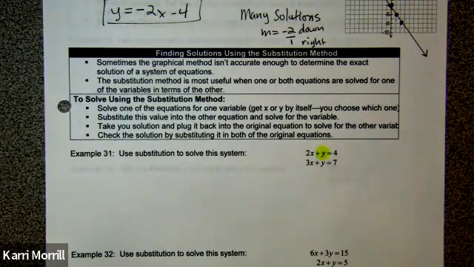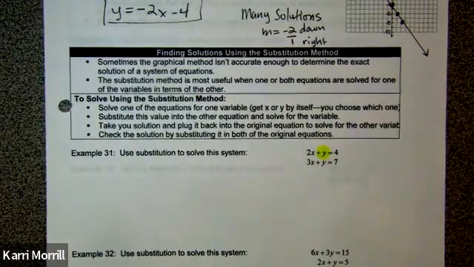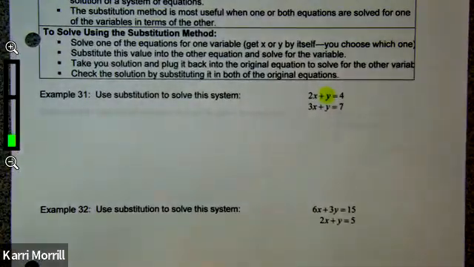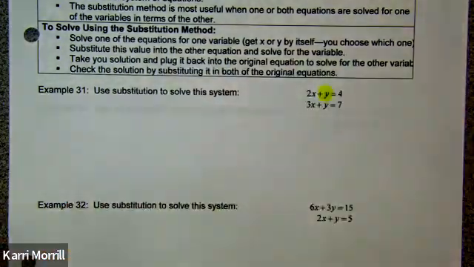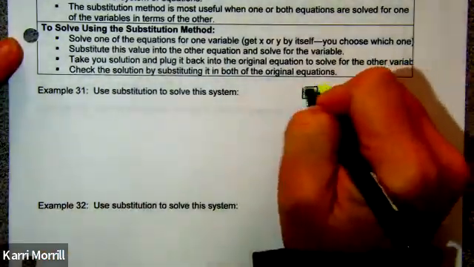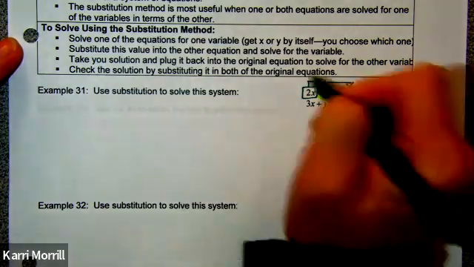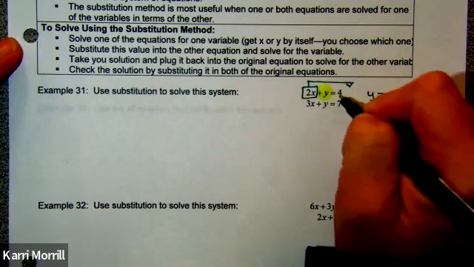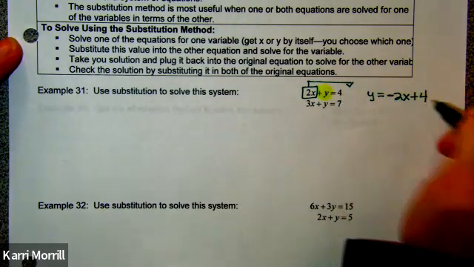You don't have to isolate them both. However, I guess you could, but we're only going to isolate y in this equation. So what would I do to 2x to move it over? We'd have to subtract it, right? So we'd get y equals a negative 2x, and that's a positive 4, so we'd write plus 4.